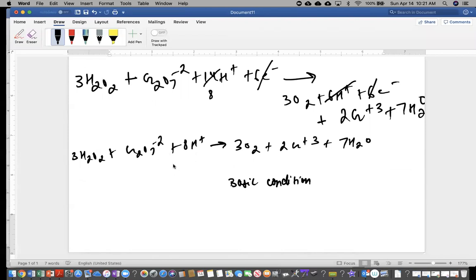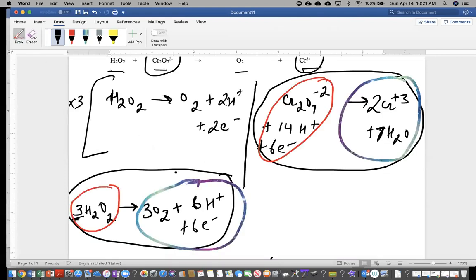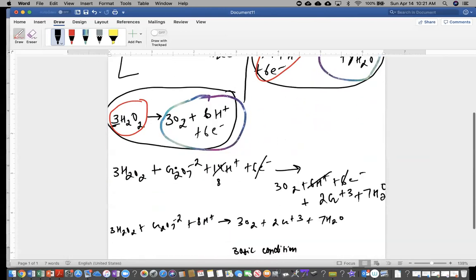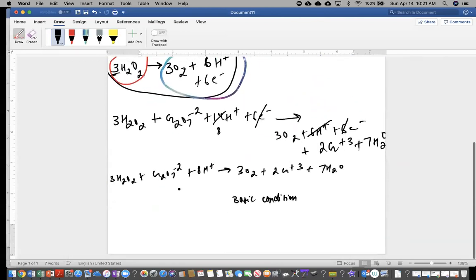Since you're balancing these, I cannot just add 8 OH minus on the left-hand side, because that's going to imbalance my oxygens, my hydrogens, and my negative charge, right? So I need to add 8 OH minus on both sides. You cannot just add it on one side. That's the key. So plus 8 OH minus on both sides, because it's a basic condition.